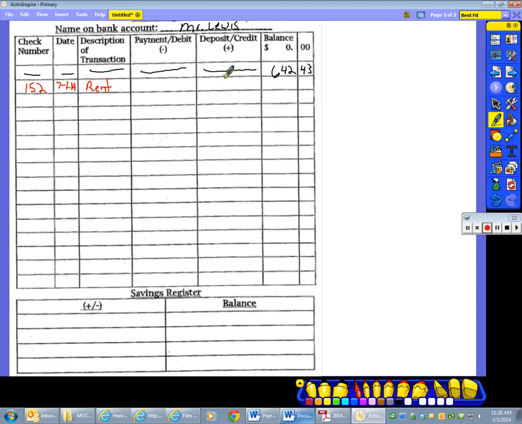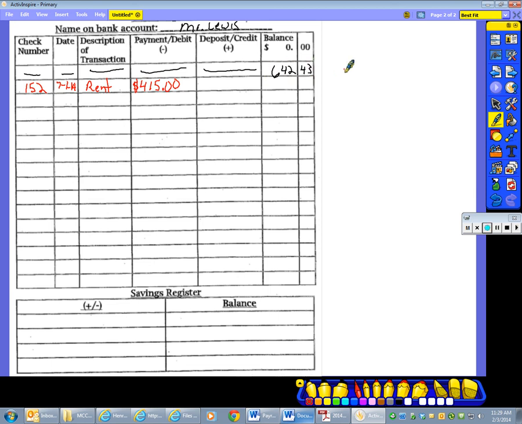In this case, because we're paying out money, we lost this money. So it's $415, and that's it. It's even. $415. So now that's going to affect my balance, how much money I have in this account.